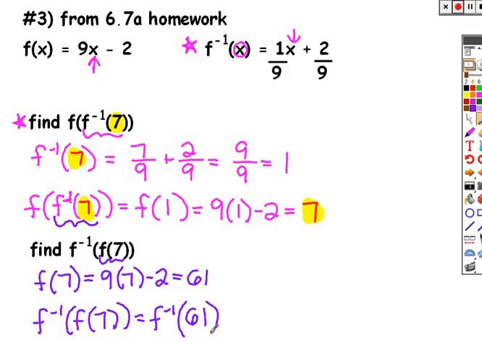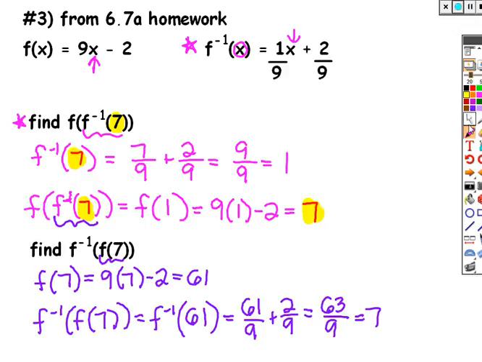So I want to input 61 into my inverse function. So 61 over 9 plus 2 over 9, I'd get 63 over 9, which is 7.